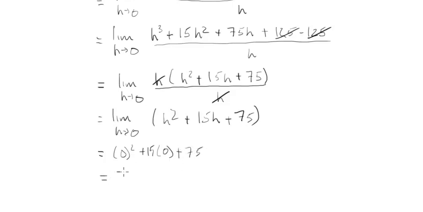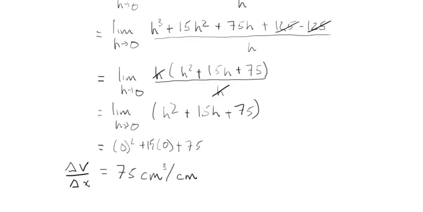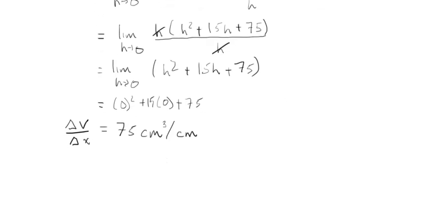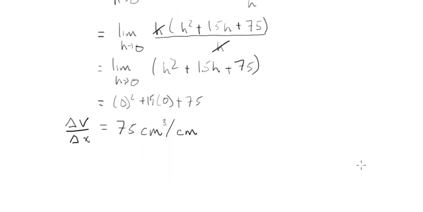So you get 75, and the units are the same as in the first example: centimeters cubed, because the numerator was a volume, per centimeter. So that's the change in volume with respect to x. That means the volume is increasing at a rate of 75 centimeters cubed for every 1 centimeter that the side length increases, at the instant when the side length is 5 centimeters.